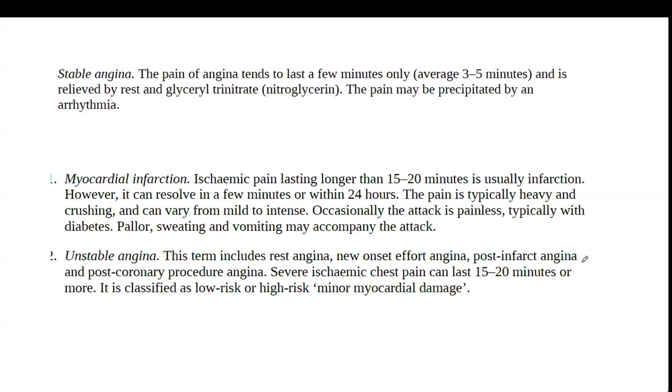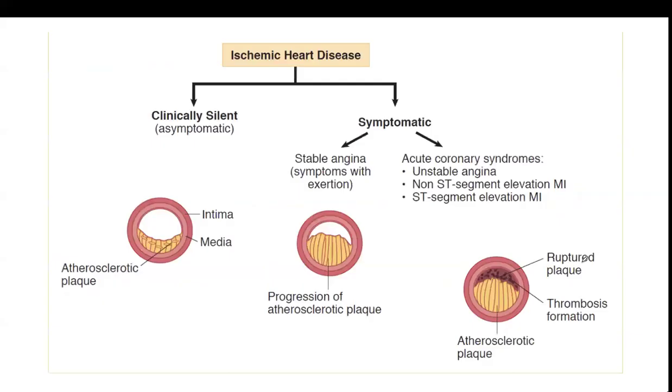So when we talk about myocardial ischemia, a lot of things come in there. We need to know what is angina and what is actual myocardial infarction. If we look over here, ischemic heart disease has been divided into multiple different things.